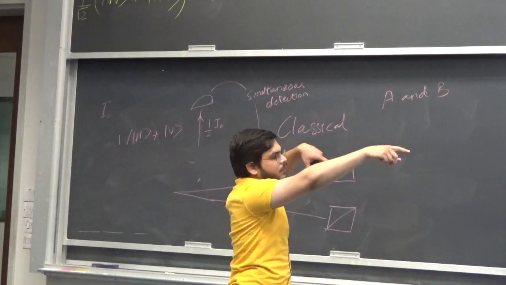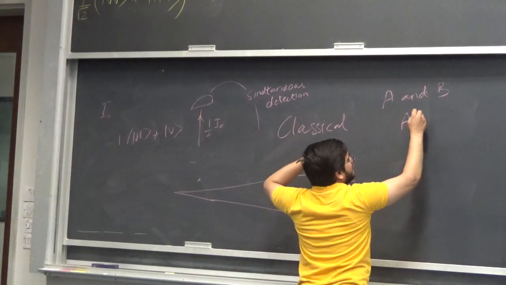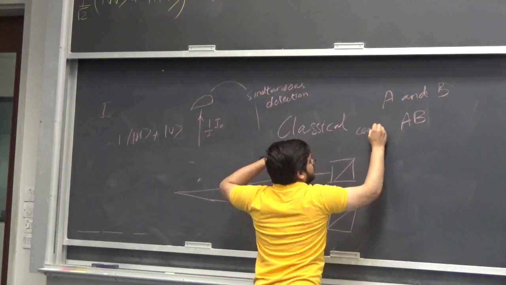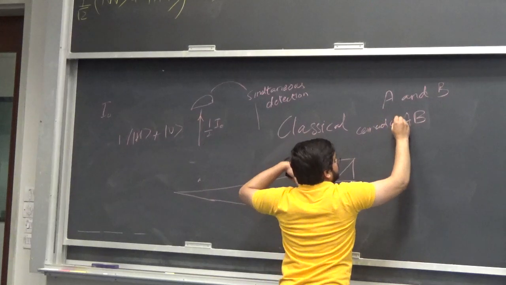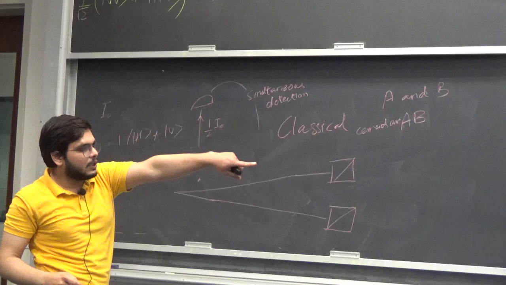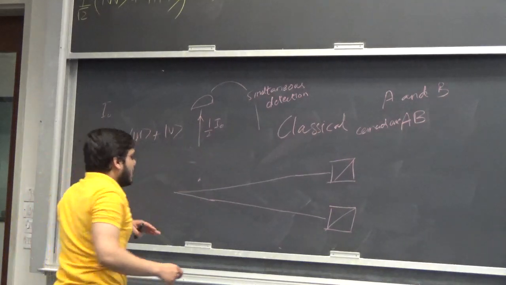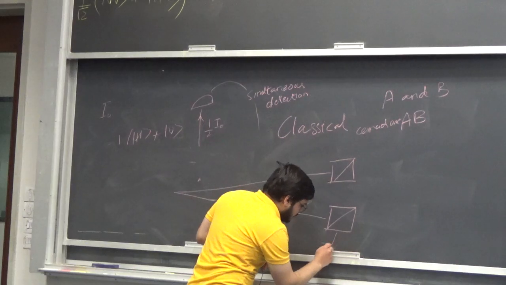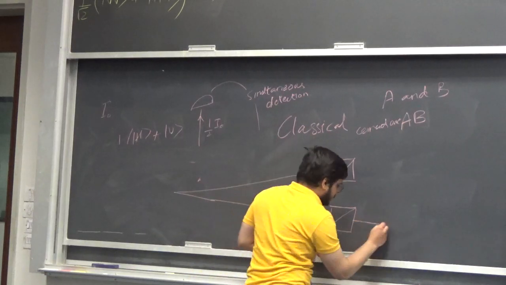There will be the coincidence detection AB finally. Right? So a photon coming in at detector A and detector B is termed as the coincidence AB. And what if I am to split this detection system?